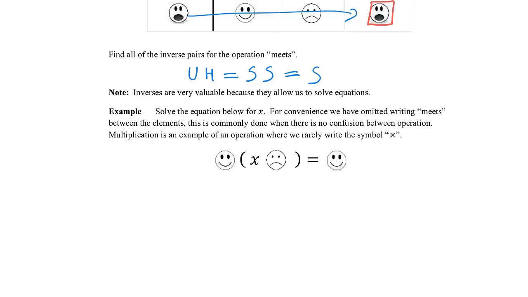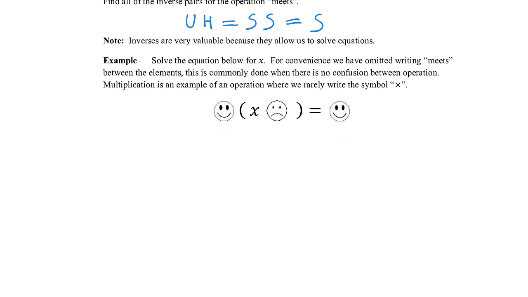Okay, so the whole idea of talking about inverses is really valuable. It allows us to set up equations and solve the equations, which has many applications in real life when we're maybe doing some kind of modeling and we need to solve for a particular variable in our equation.